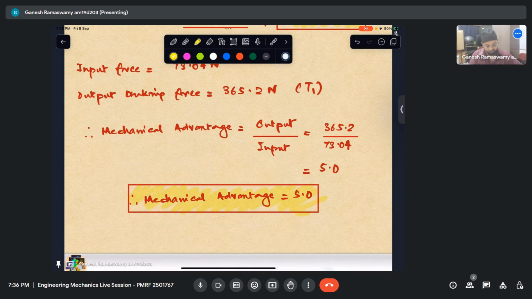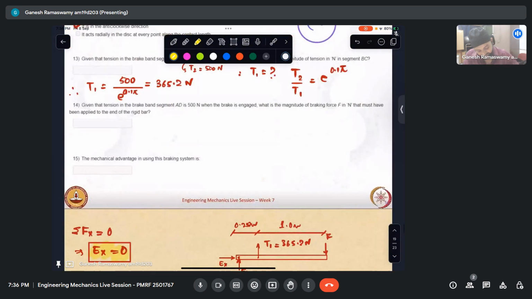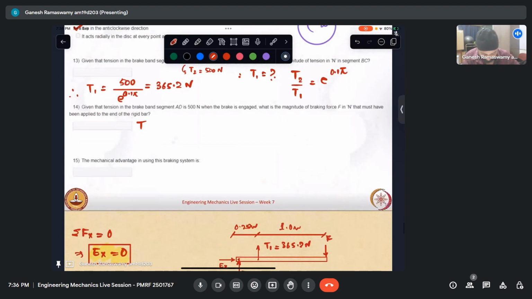So given that the tension, what is this come out to be? Tension in the segment BC came out to be this, and then the applied force required comes out to be this quantity.